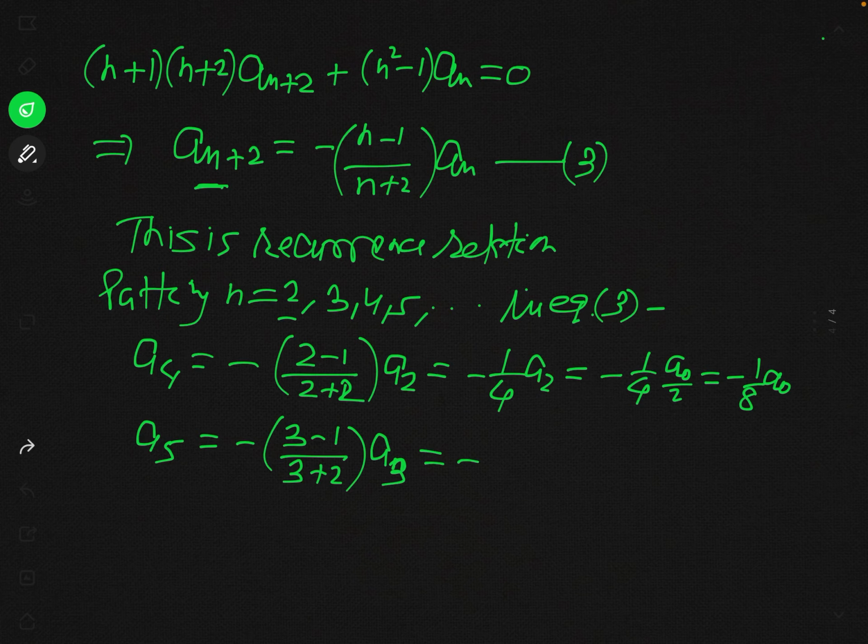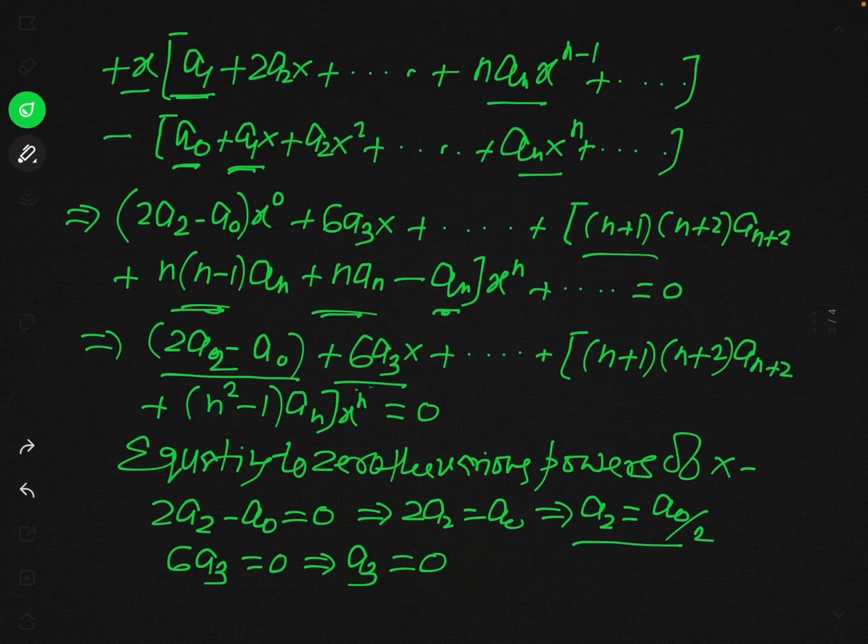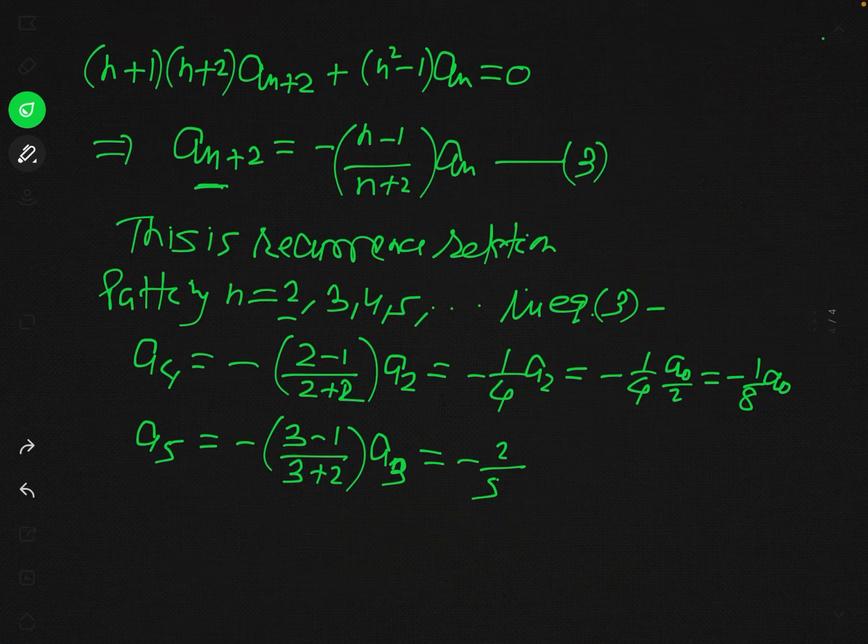So this is minus 2 over 5 into a3. But you have seen that this a3 is equal to 0, so this result will be 0. So a5 is 0.